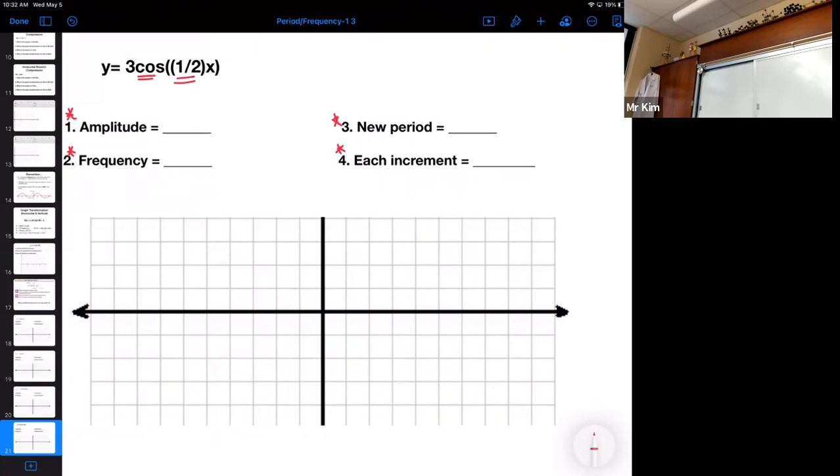So here, what you want to do is write down negative 3 and 3. You start at maximum, right? At pi, you go down to the next crucial point, which is middle, which is here.